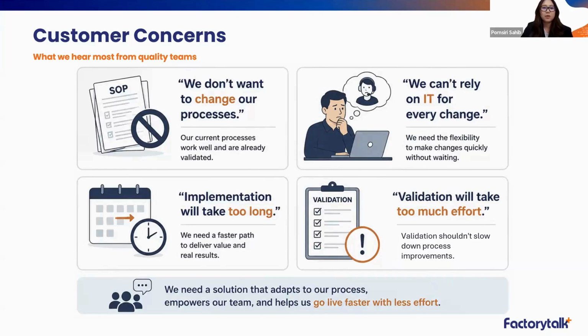And finally, validation will take too much effort. In a regulated industry, validation is essential. But when every change requires significant manual testing and documentation, even a small update becomes difficult to manage. Organizations need a way to maintain compliance while reducing the effort required to validate change.